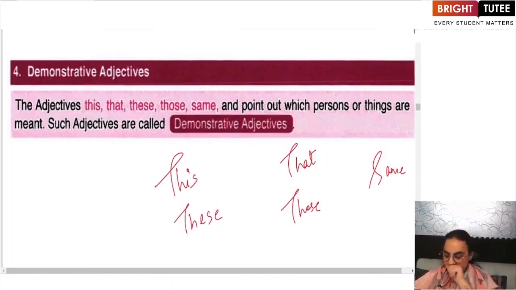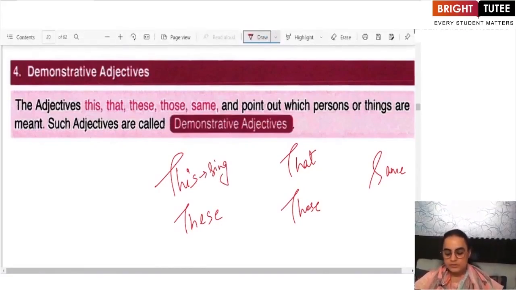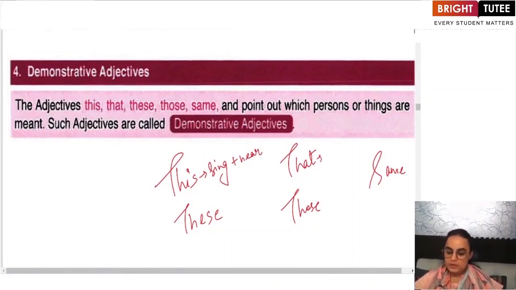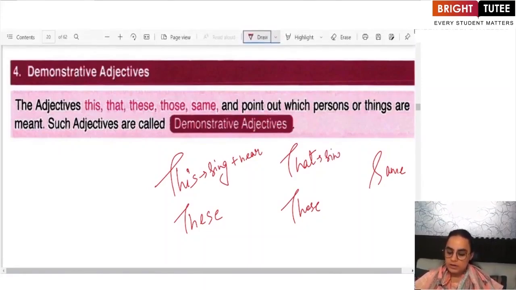Again, this is used for something which is singular in nature plus it is near to you. We use that for something which is singular in nature but far away from you.